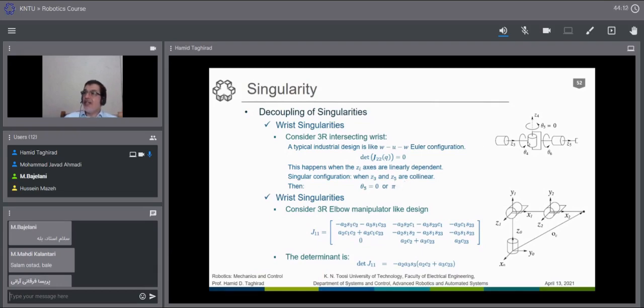One of them was the 3 intersecting one, like the Euler wrist configuration, considering Z3, Z4, and Z5, all of them intersecting at one point, and we would like to find the Jacobian here and the determinant of the Jacobian.